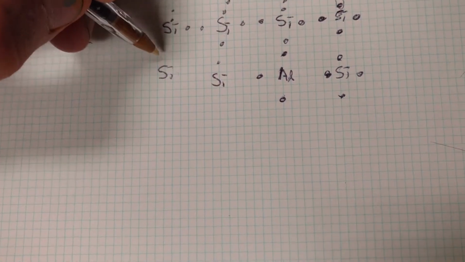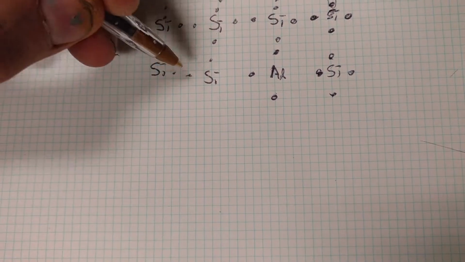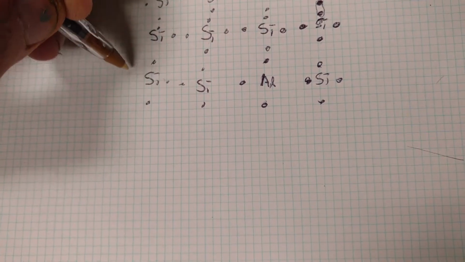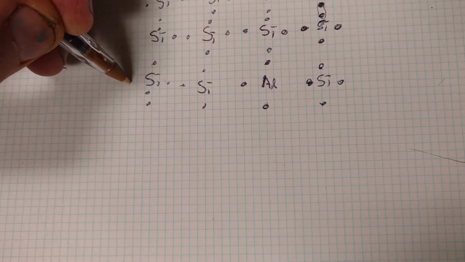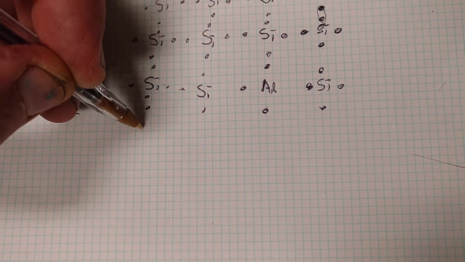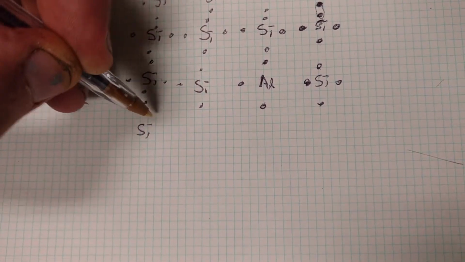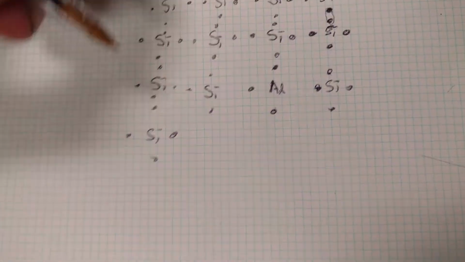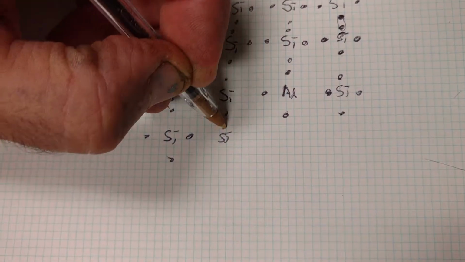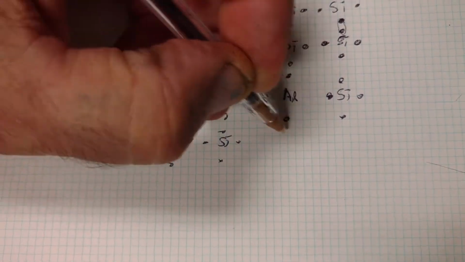Make another silicon. 4 electrons. 4 electrons. I do it, so I gotta add another silicon. 1, 2, 3, 4. Now let's add the next row. Silicon. 1, 2, 3, 4.